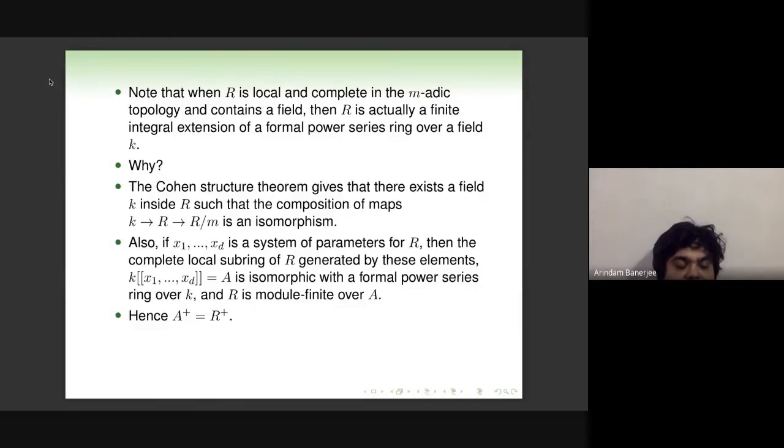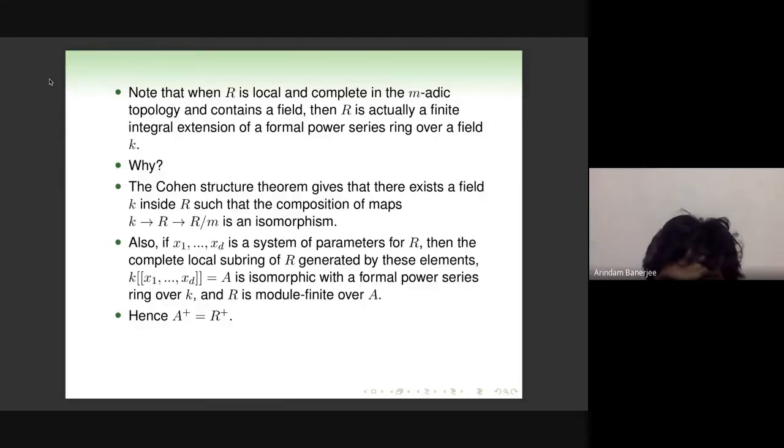We'll actually discuss two main results. The first one is a complete description of R plus when R is a power series ring over a field in one variable. This observation, which comes as an immediate corollary of the Cohen structure theorem, makes the study of power series rings in this context so central.